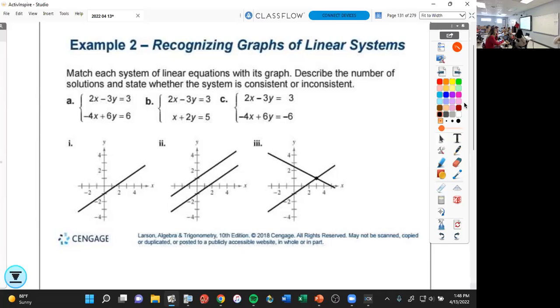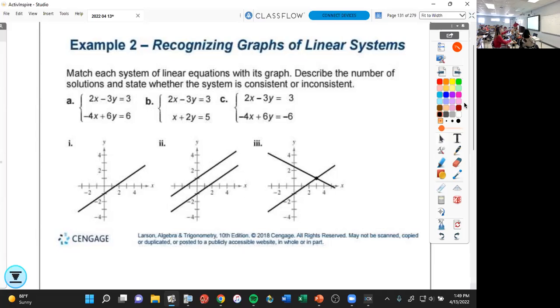Are they exactly the same? They're the same except for the sign. So you can just cancel that one sign. Okay, look at C.